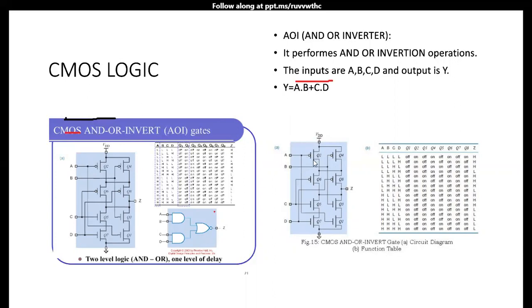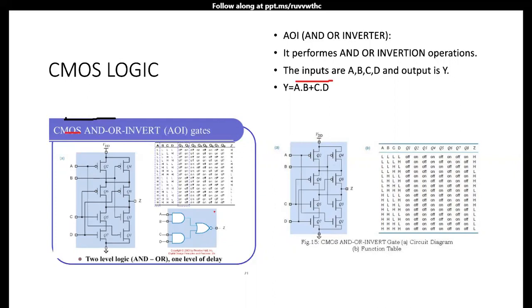So I am connecting the Q2, Q4 PMOS transistors in series with Q6 and Q8 to perform the OR operation. Similarly, I am connecting the Q1, Q3 NMOS transistors in parallel with the Q5 and Q7 NMOS transistors. Like this, we can connect the CMOS AOI logic circuit.